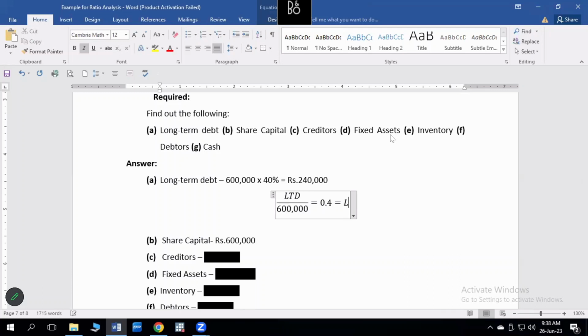LTD is equal to 6 lakhs into 0.4, equal to 2 lakhs and 40,000.